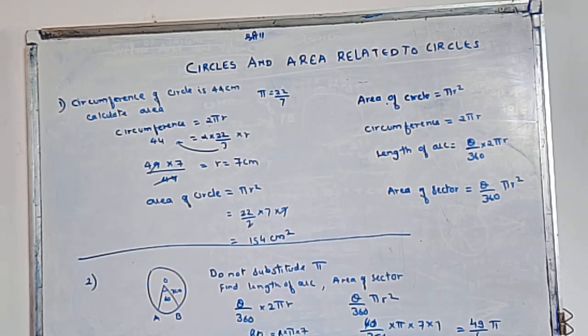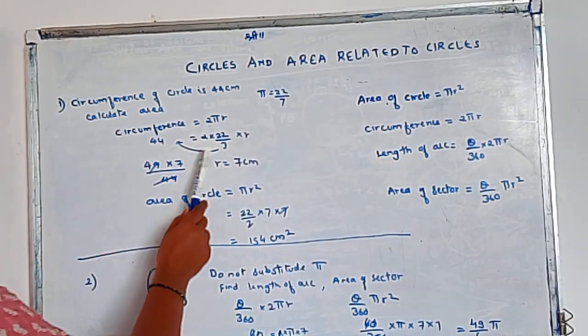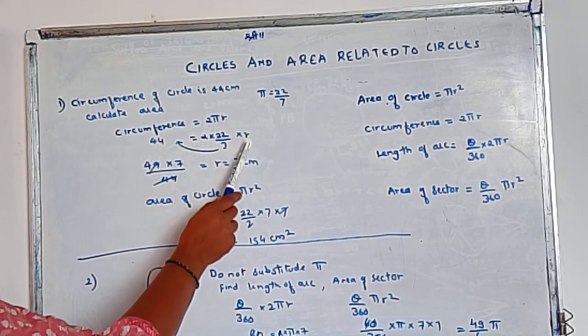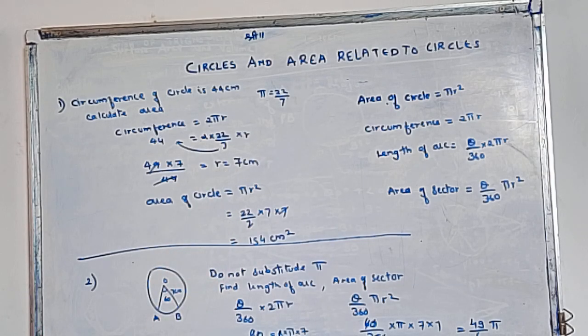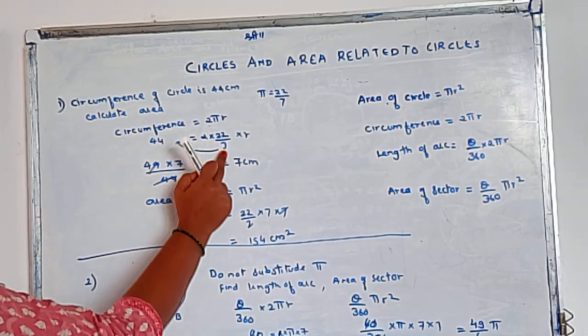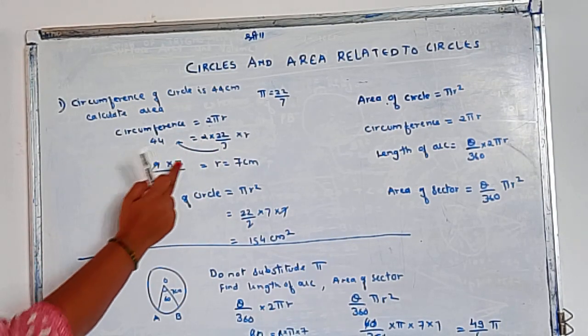The list of all the formulas is being clipped inside the video, after the video. So put the values, the circumference is already given, which is 44. Keep r as it is, and you get r as 7 centimeters after cancelling. When you take this across, the denominator becomes numerator, the numerator becomes denominator, and both get cancelled by 7.